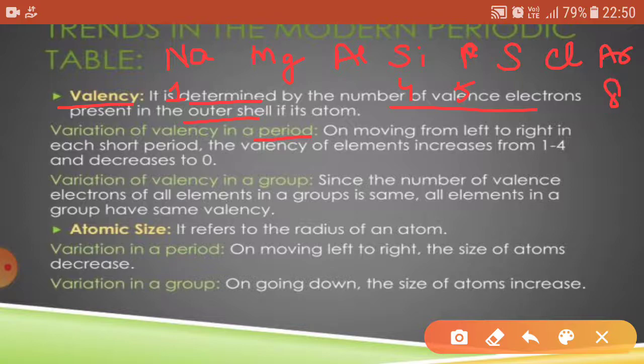It means that the valency increases from 1 to 4 and decreases from 5 to 8, because we calculate the valency as 8 minus the number of valence electrons if the valence electrons are greater than 4.